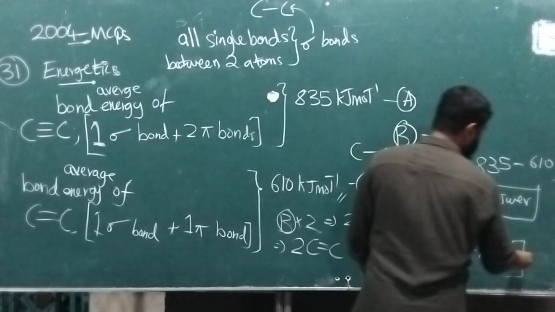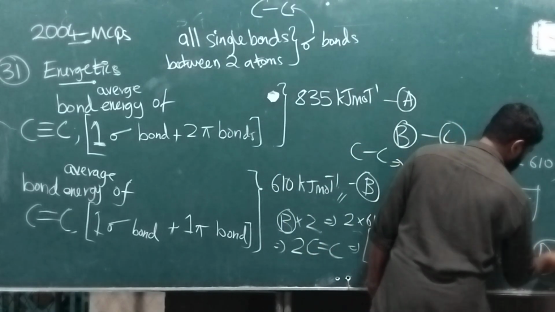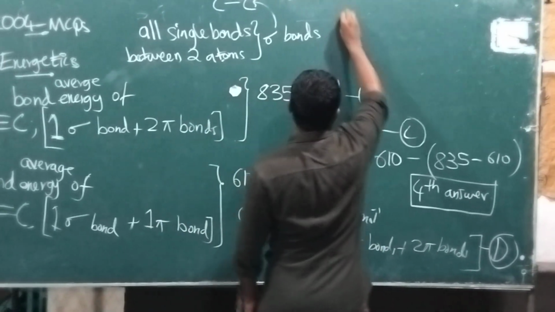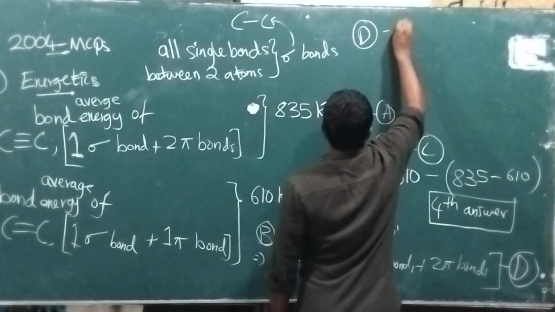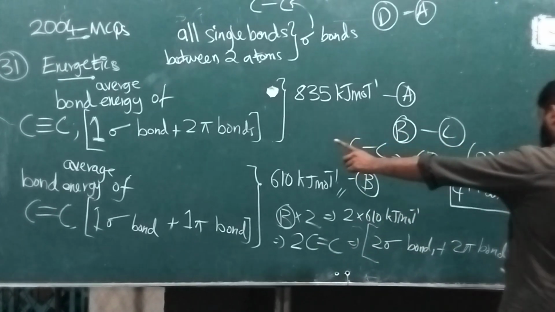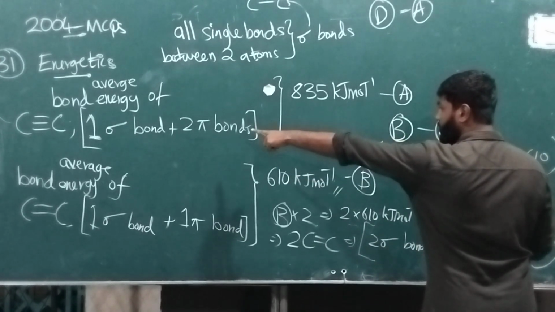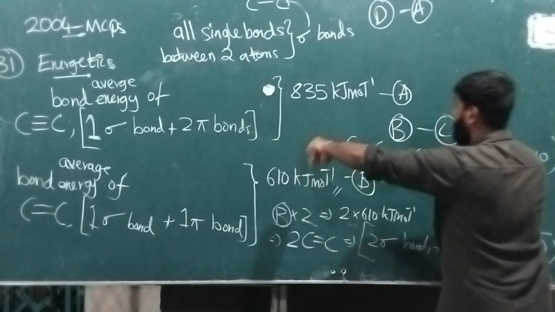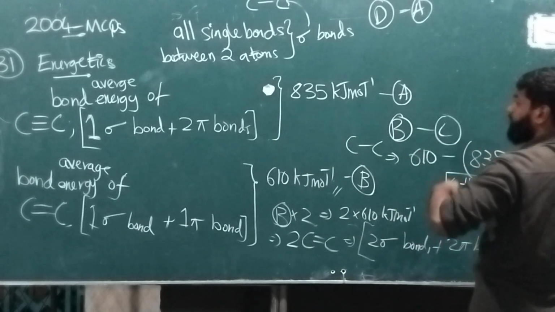Let's say this equation is D. If I subtract D minus A, this is my A equation, I have two pi bonds, both of them will be subtracted. I have two sigma bonds and one sigma bond, so finally I get one sigma bond.